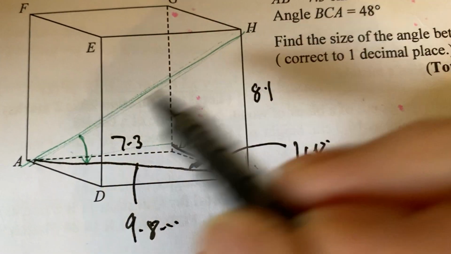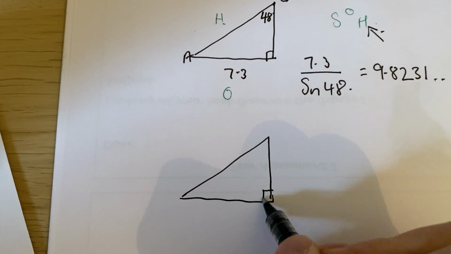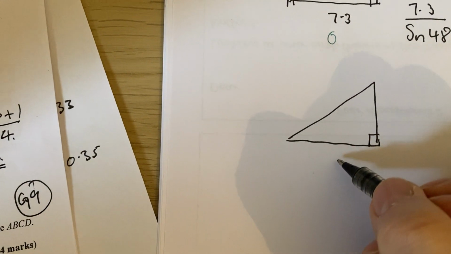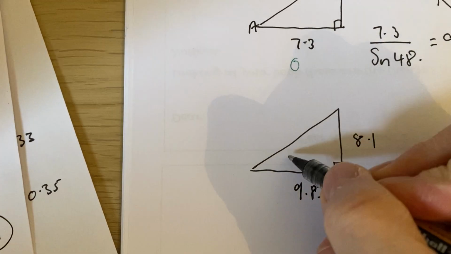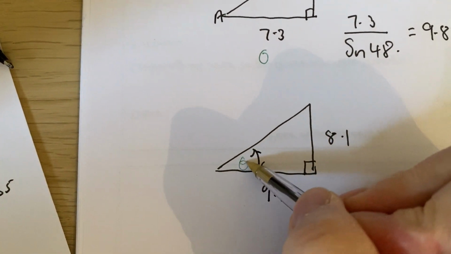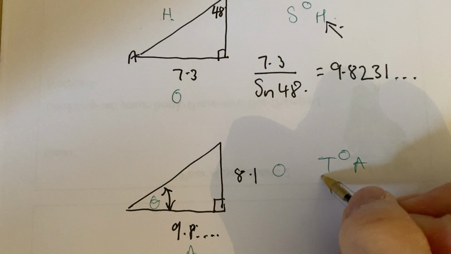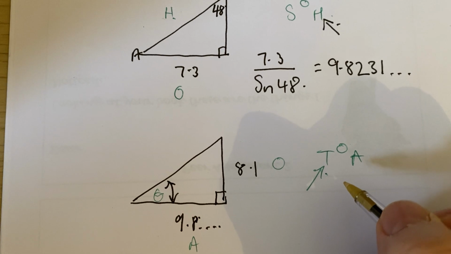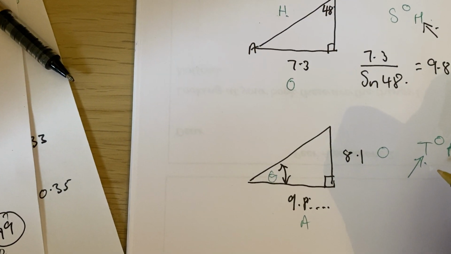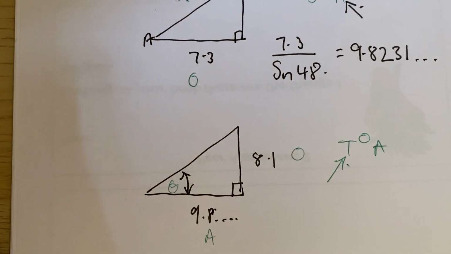So now we've got a triangle. So let's draw that triangle out again, because I'm taking it out of context and putting it into nice little things here. 9.8..., 8.1, and we want this angle here. So let's label it again. That's the angle we want. So opposite, adjacent, so it'll be toa. And I'm just making sure that I am right in this. Yeah, I think I am. So let's just work that out.